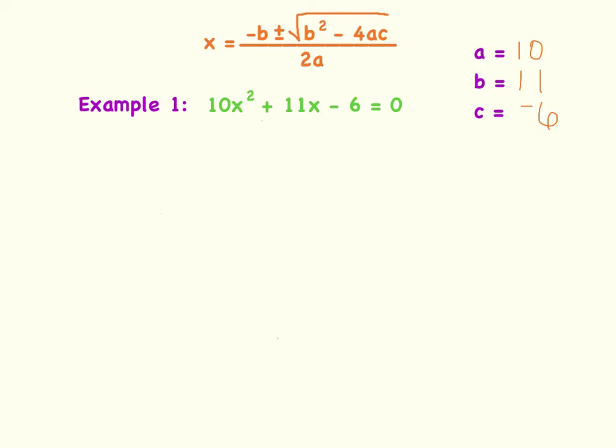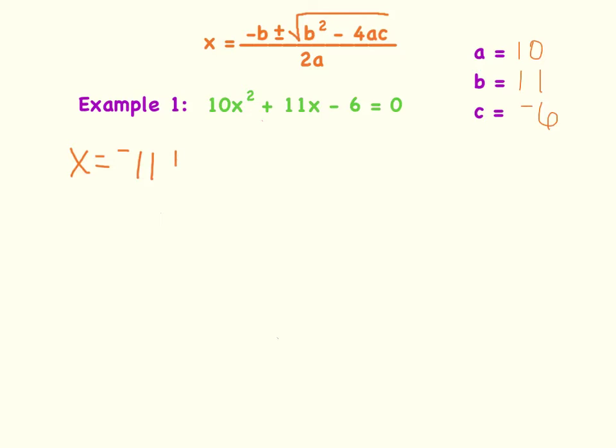We are now going to use these three values and substitute them for the variables in the quadratic formula. So here we go. We have x equals negative b, so that's going to be the negative of 11. Now if our b value had been negative 11, we would have to write the negative of negative 11. So we have to be very careful that we substitute that accurately.